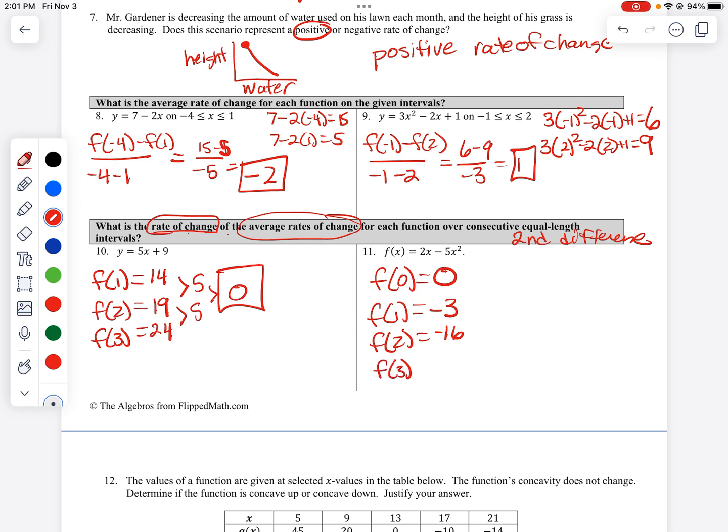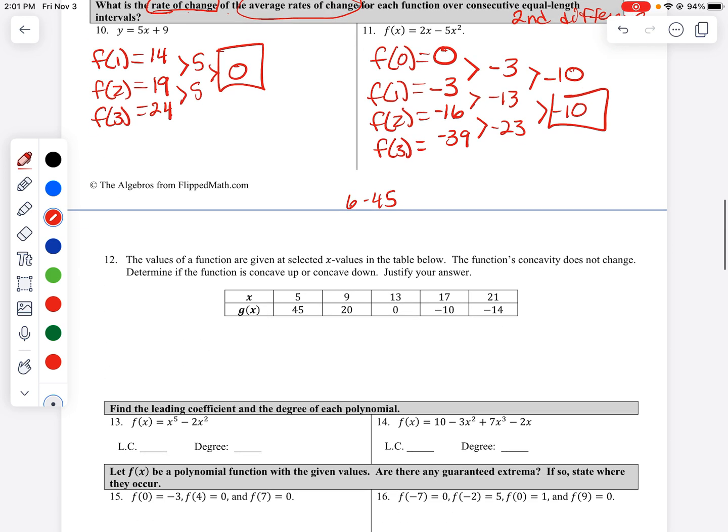We could do a 3 if we wanted to. 2 times 3 is 6, 3 squared is 9, times 5 is 45, so 6 minus 45 is -39. So our first difference is going down by 3, down by 13, down by 23. Our second difference, down by 10, down by 10. So the rate of change of the average rate of change is -10.